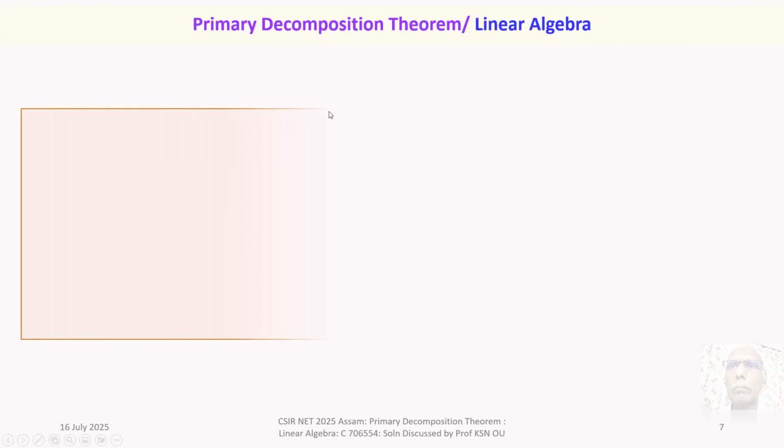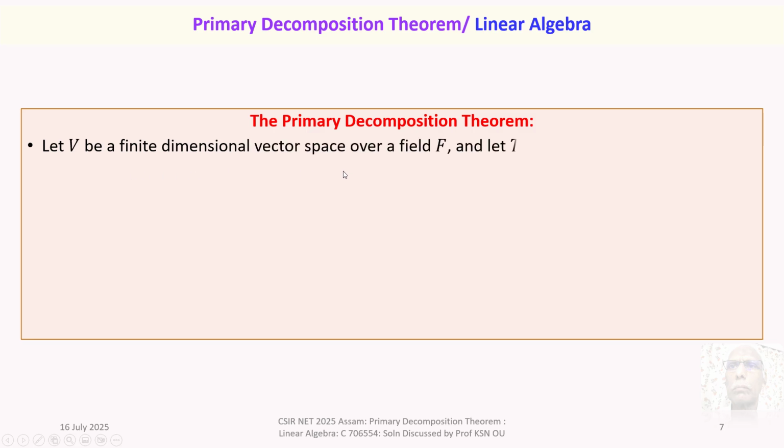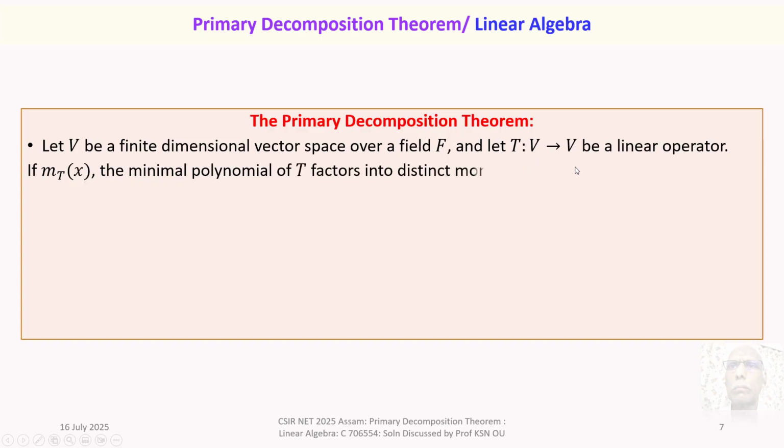What is the Primary Decomposition Theorem in linear algebra? Let V be a finite dimensional vector space over a field F. Let T be a linear operator on V. That means it's a linear transformation from V to itself.